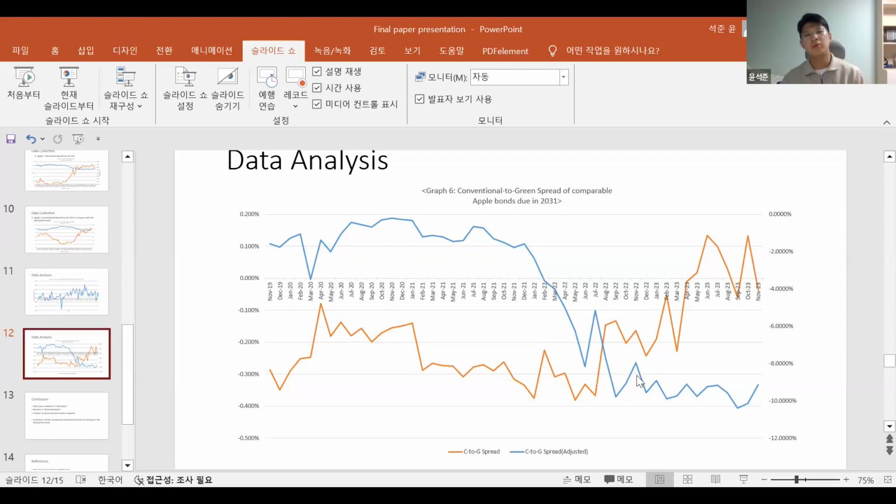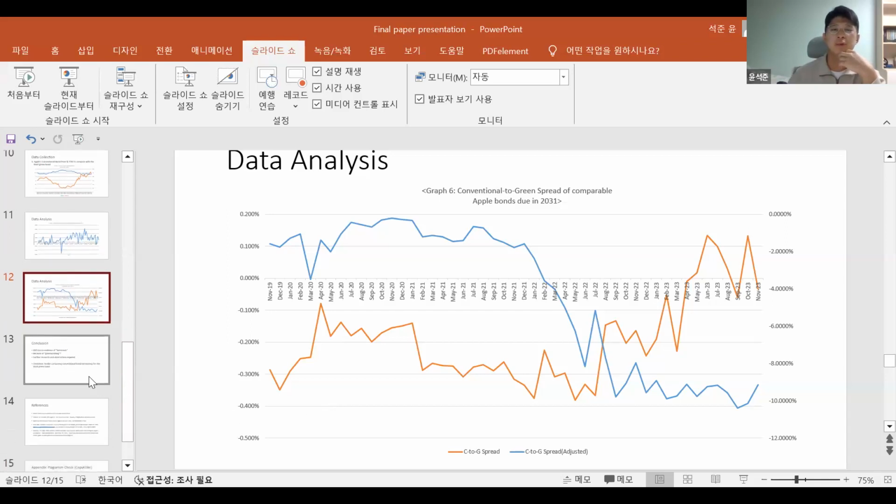Both of them showed not very much positive spread, and this kind of graph means that it had not a premium, but was closer to a discount. So this was the result analyzed by the data.